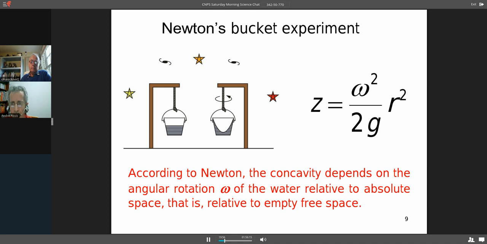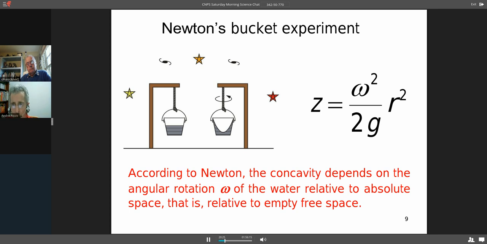So there is no relative motion between the water and the bucket in both situations. In the beginning, there is relative rotation because only the water spins. But then Newton said, after a while, the water will spin together with the bucket, performing a revolution in the same time. So I'm considering this situation when both rotate together.